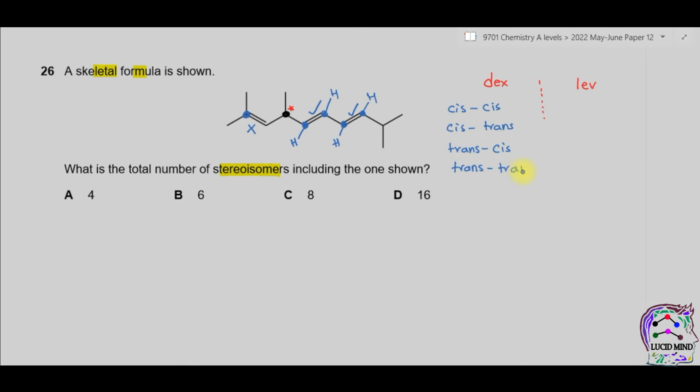So 4 possibilities are for dextrorotatory, in which we have one mirror image of this chiral carbon. Similarly, 4 will be for levorotatory. So for levorotatory, again we have cis-cis, or cis-trans, or trans-cis, or trans-trans.